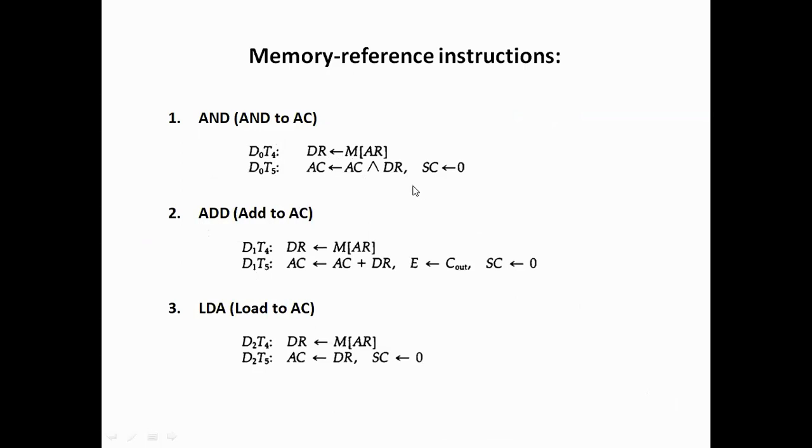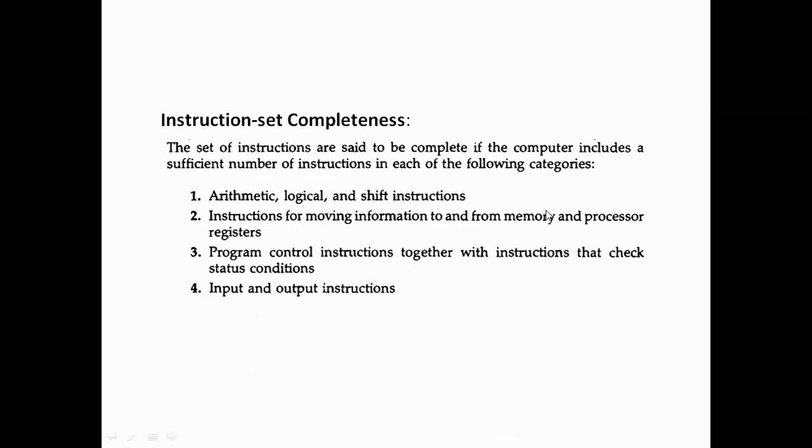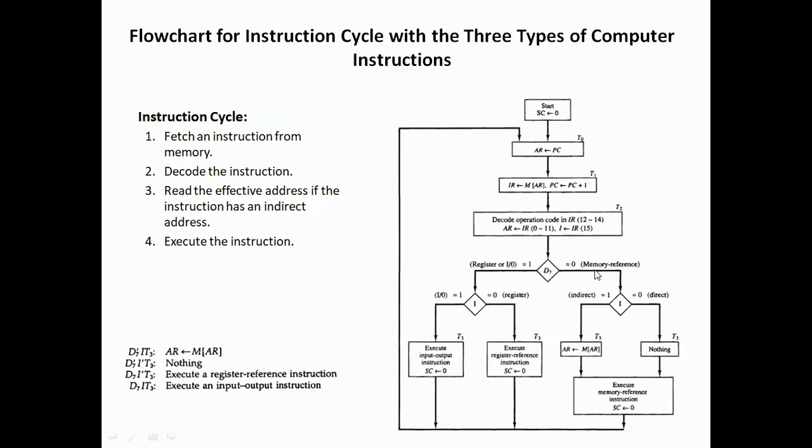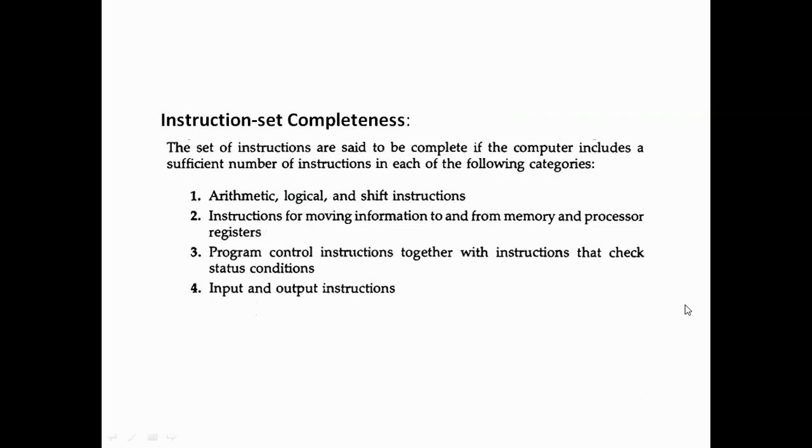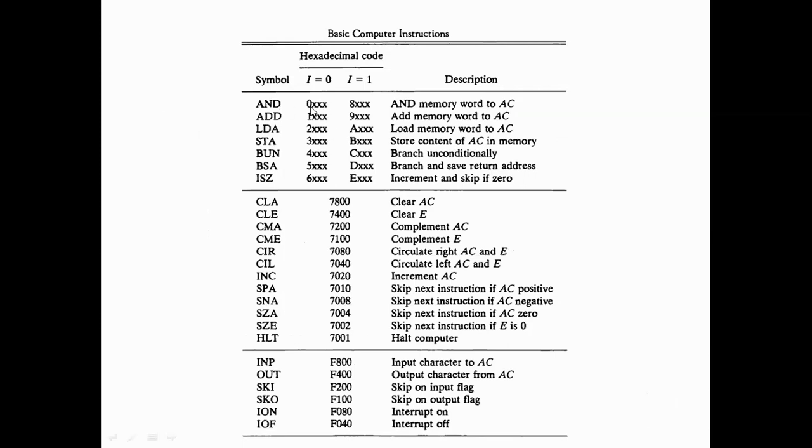Another thing: what will be the decoder output when we do an AND? In a memory reference instruction, if this instruction is AND, the first 4 bits will be 0 0 0 0, because the I bit is 0 and the opcode is 000 for AND.